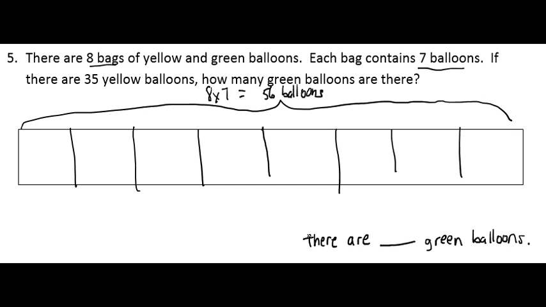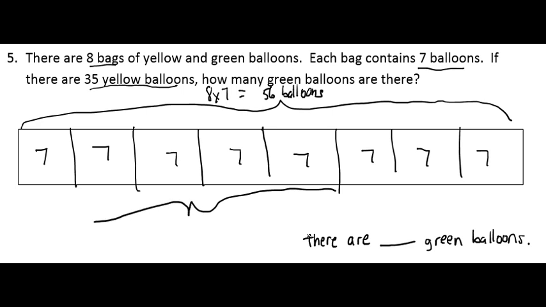We also know that there are 35 yellow balloons. Well, if each section has 7 balloons, then I have to figure out how many sections use 35 balloons. Well, since 5 times 7 is 35, then I know that the first 5 sections times 7 equals 35.